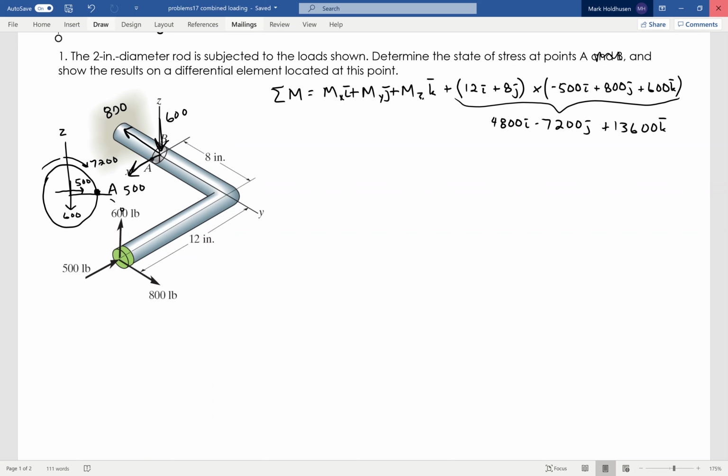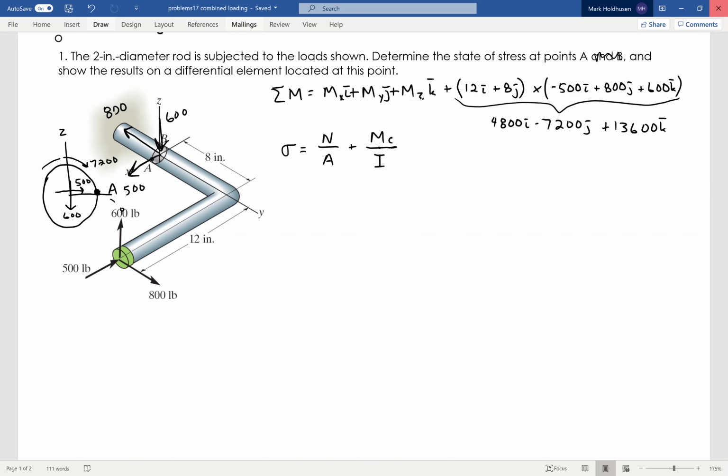Because again, now the thing I want to find at A is the sigma, the normal stress, and that consists of the normal force over the area plus Mc over I, okay? So for us at this point, this is going to be in tension, right? So the normal stress, that's at 800 pounds in the y direction, is going to cause it to be in tension, right?